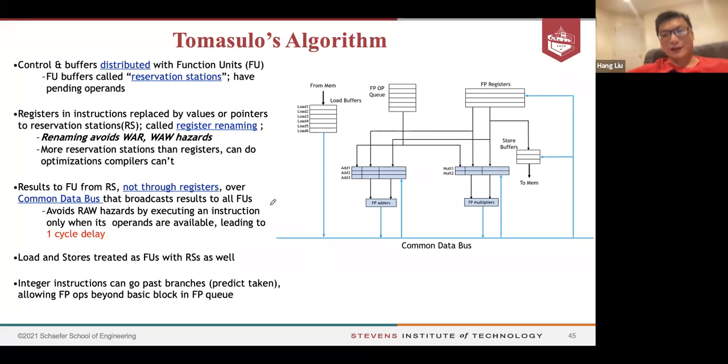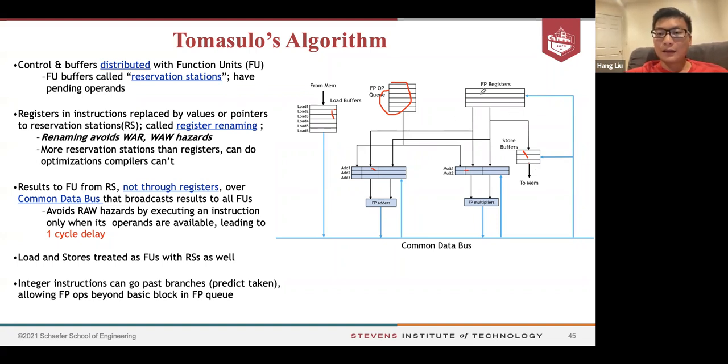So what is Tomasulo's algorithm? First things first, we see on the right side of the figure that it has a couple of operations, and these operations can go to loading, storing, or adder, multiplier, or probably divider.